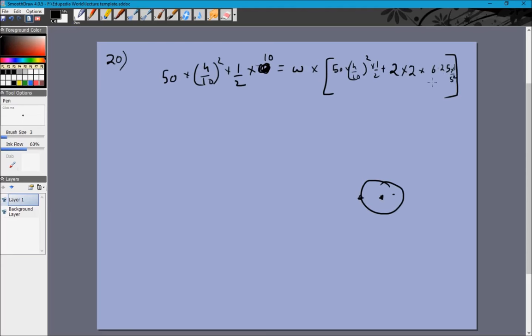Right. So this will give us 50 by 2 is 25. 25 by 100 will be 1 by 4. So this will give us 40 is equal to omega times 4 plus, what is this term? 6.25 into 4 is 25 by 25 is 1, which gives us omega is equal to 8, which is the answer.